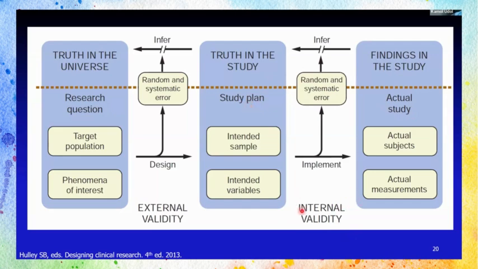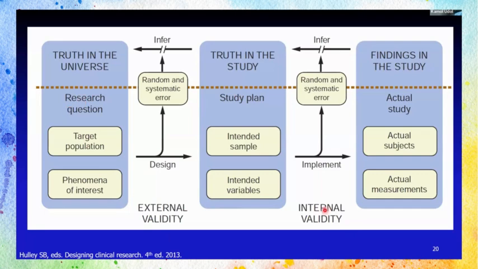So this is the step that we are dealing with internal validity. But from question to plan, the design process, this is the issue of external validity. The plan that we have will not represent the target population.